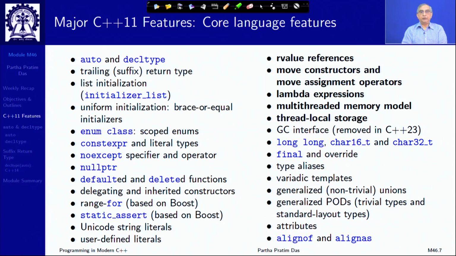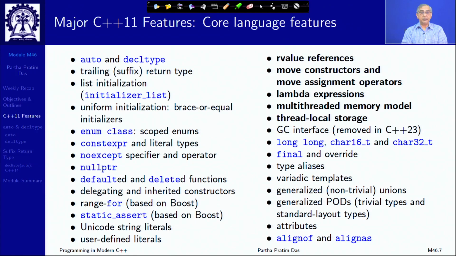Some of them are there to make it a better C++, like when we started studying C++ 03, we noticed that there are quite a few features which just made C++ a better language over C. Similarly, C++ 11 also has a number of features which make it a better C++, but there are a number of features which are fundamentally very different, fundamentally I should say very significant, and some of those I have shown in bold: the Rvalue reference, move constructor and move assignment operator semantics, the Lambda expressions, multi-threaded memory model, concurrency support and so on.